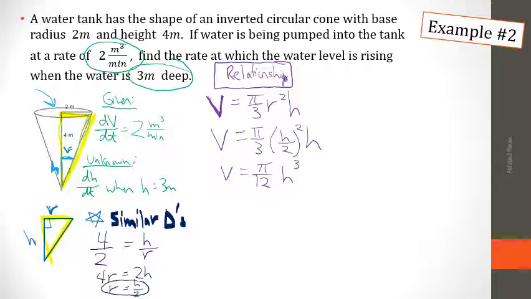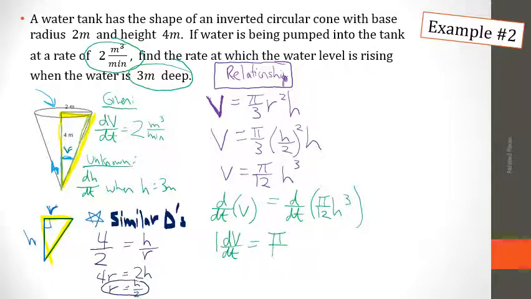Now we're going to take the derivative with respect to time of the left side, which will equal the derivative with respect to time of the right side. So the derivative with respect to time of V is 1 dV/dt, equals pi over 12, which is a constant, so we're going to bring it out, and the derivative of h cubed is 3h squared dh/dt.